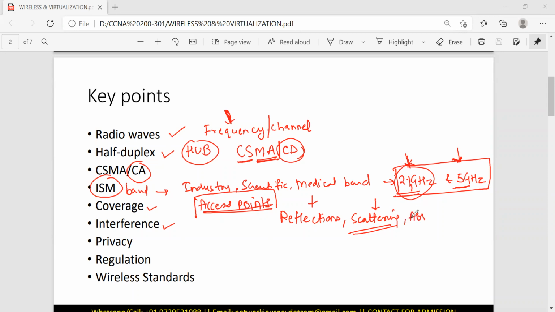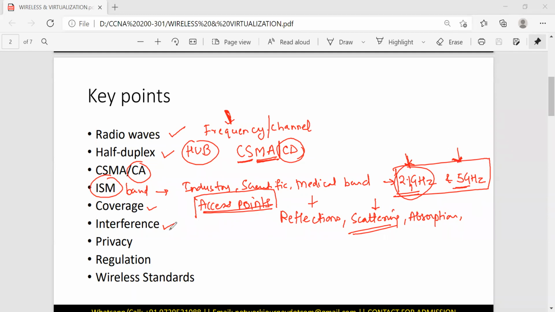Also we have absorption due to different materials like water and any other medium where your signals are traveling. So the strength of the signal is more or less dependent upon all these issues, and on interference caused by other applications working in the same frequency.